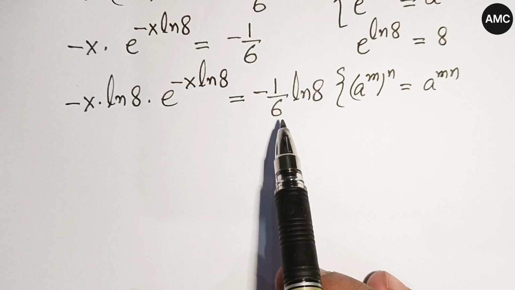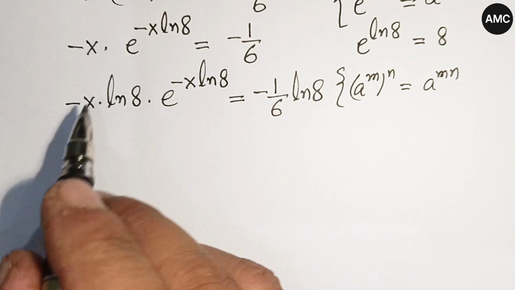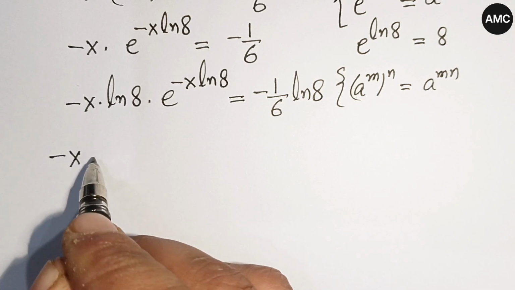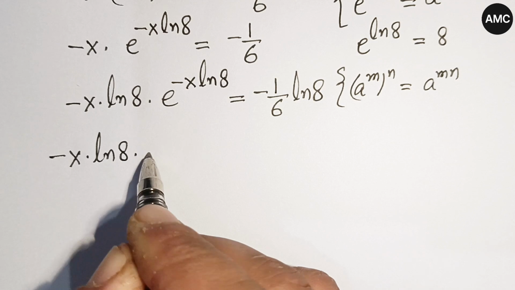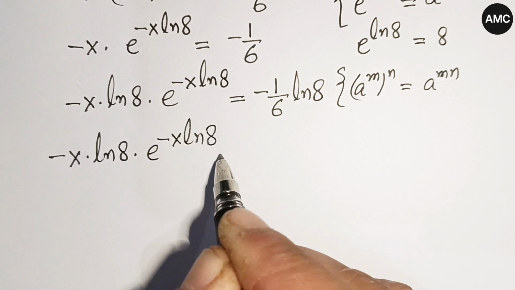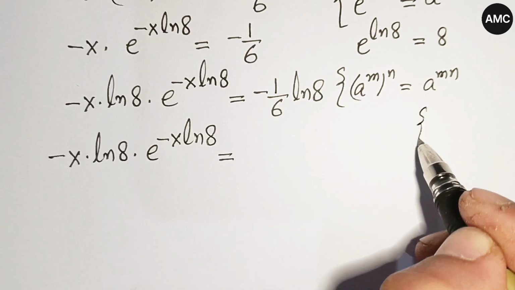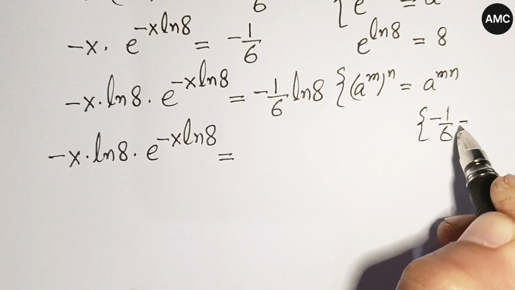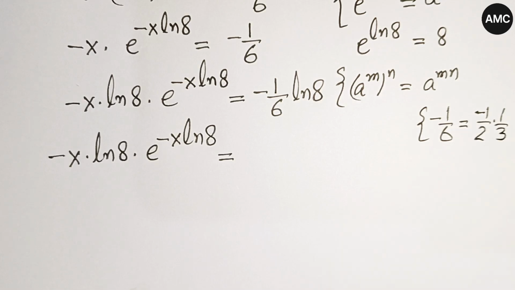Now we are going to work on our right hand side. The left side stays the same: minus x times natural log of 8 times e to the power minus x natural log of 8 is equal to... Now this minus 1 over 6 can also be written as minus 1 over 2 times 1 over 3.